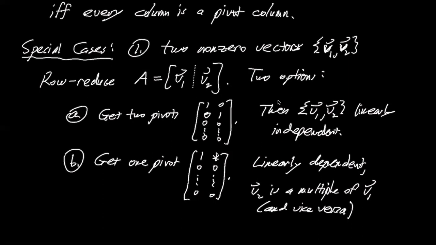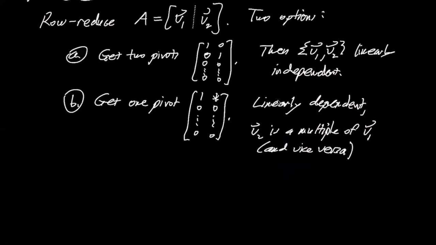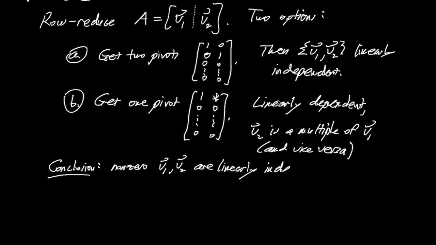And so that's actually the point. Basically, if you have two non-zero vectors, they're linearly independent if and only if one is not a multiple of the other. So let me just write that down. The conclusion: non-zero vectors v1 and v2 are linearly independent if and only if one is not a multiple of the other.